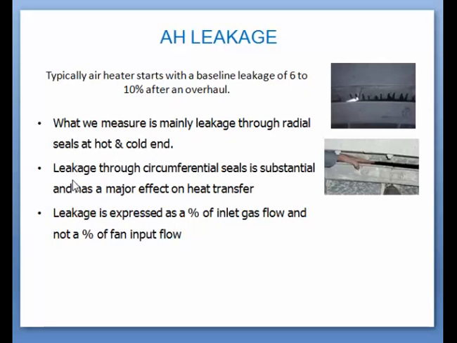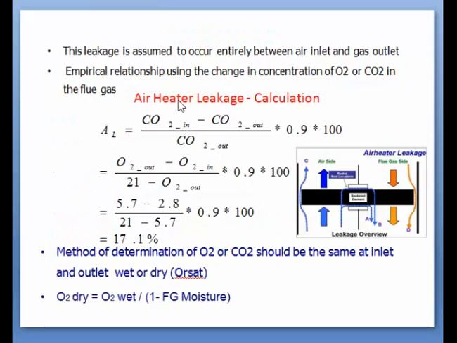Leakage through the circumferential seal is also quite significant, and it has a major effect on heat transfer. Leakage is expressed as a percentage of inlet gas flow, not as a percentage of fan input flow. The leakage is assumed to occur entirely between the air inlet and gas outlet.